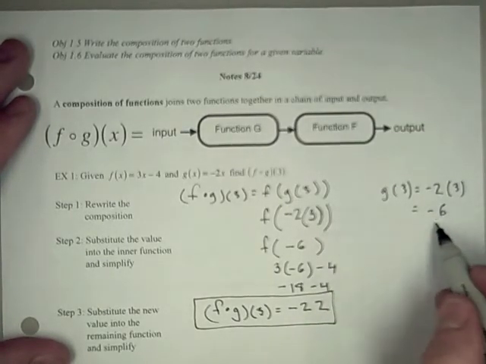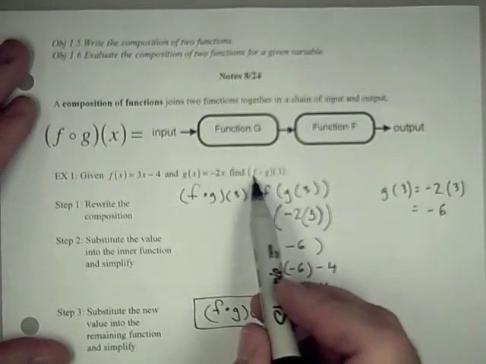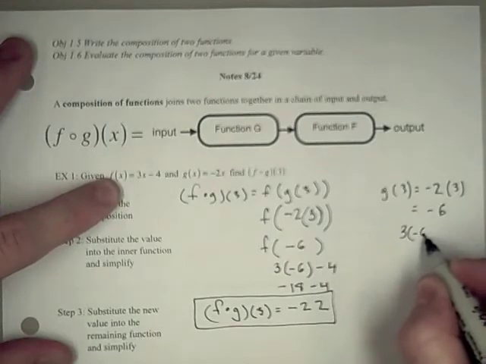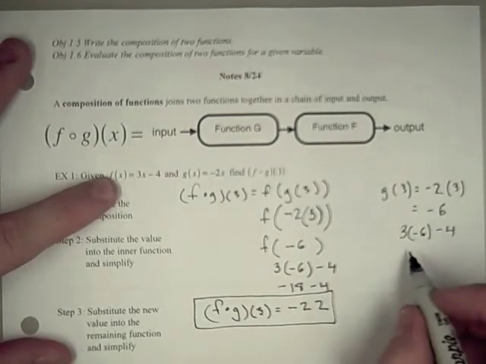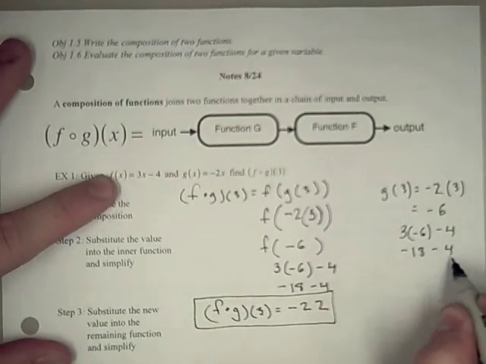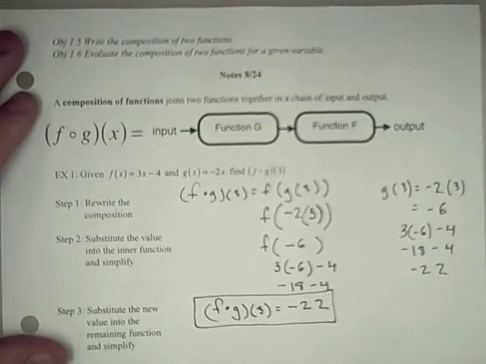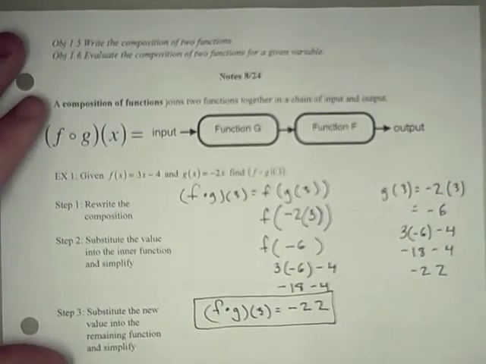Then you take that new answer and you plug it into the next function, so into function f. So 3 times negative 6 minus 4. Negative 18 minus 4, negative 22. Same answer, two different ways to do the same problem. But they're basically the same way. You're just not writing out all the parentheses in this way over here.